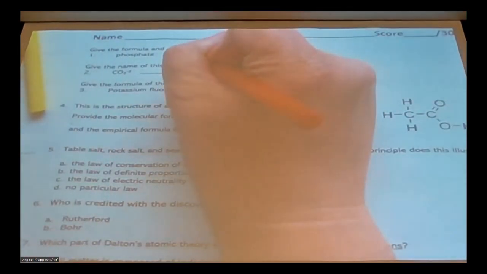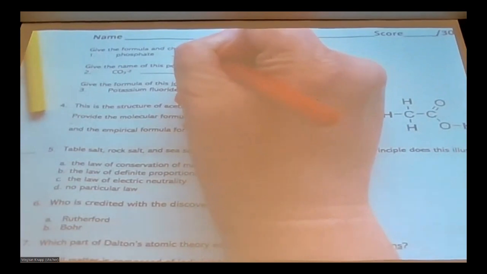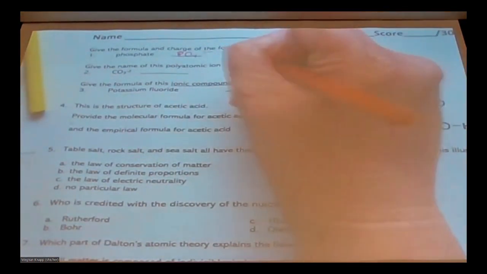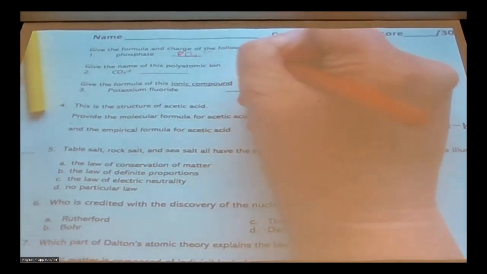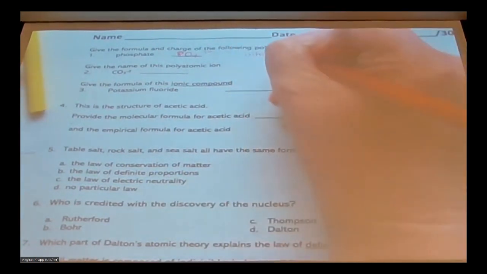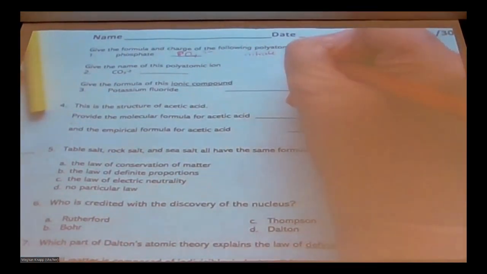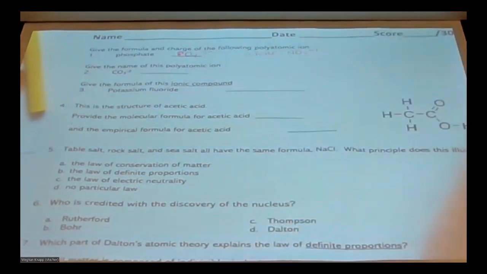Phosphate has 4 oxygens and has a -3 charge. Now, if you have the word nitrate, again, you start with that element, nitrogen, ending in -ate tells us there are a certain number of oxygens. In this case, only 3 of them, and it's a -1 charge.